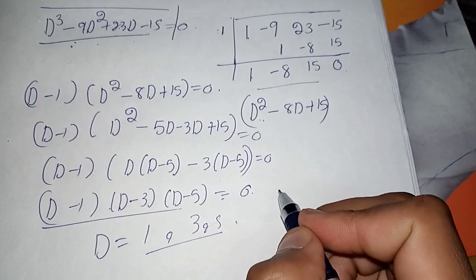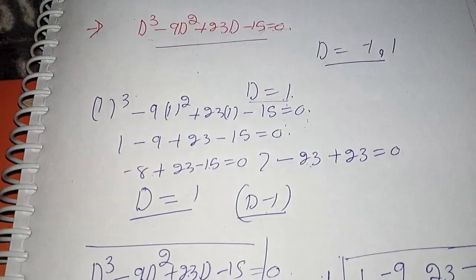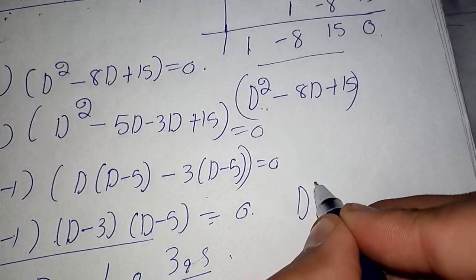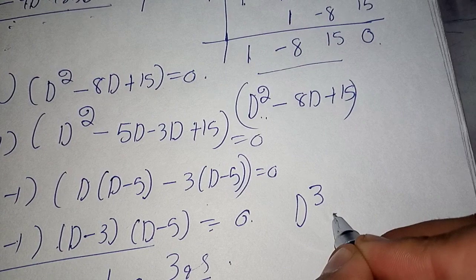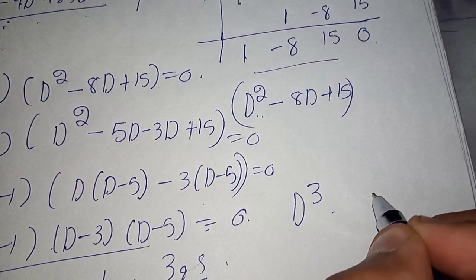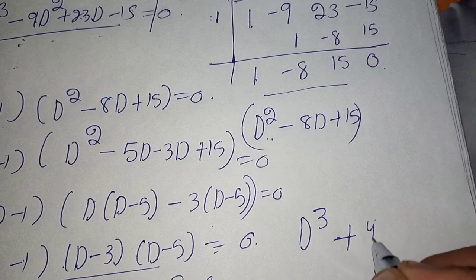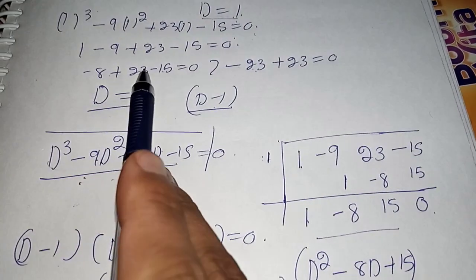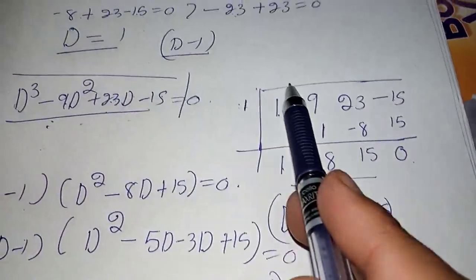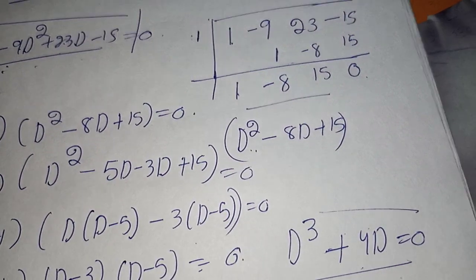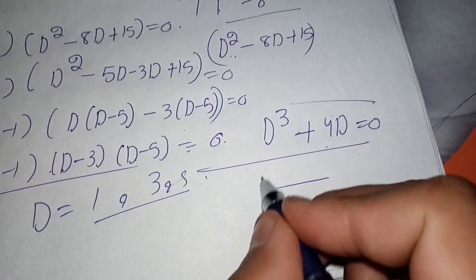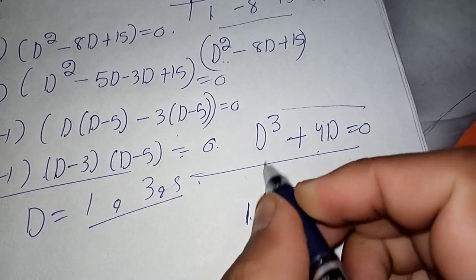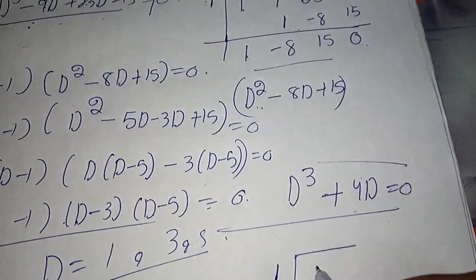So this is the trick to find the coefficients of such kind of higher order equation. If there is any term missing, for example the d square term is missing and d is present, such as d cube plus 4d is equal to 0, then take the first step and arrange the coefficients with whatever value you place in d, let that be 1.